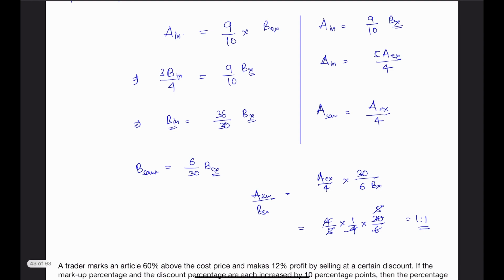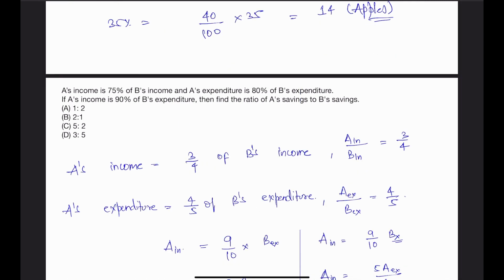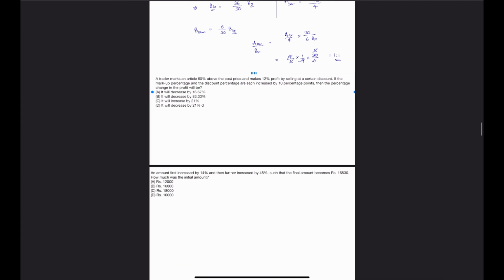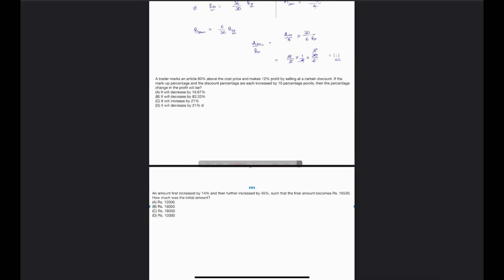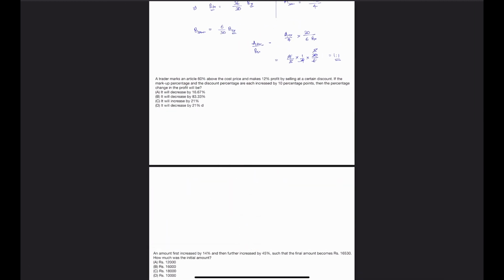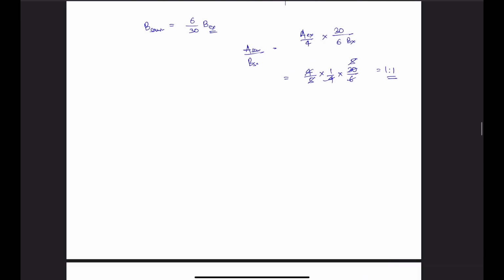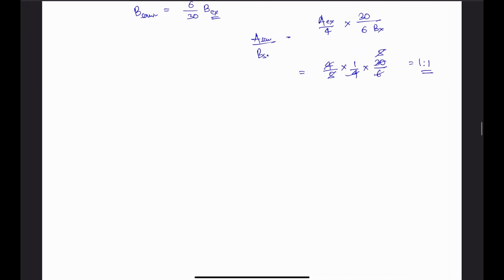Yeah, I think it's correct. So there is a very nice way of solving this question. Okay, I think I need to just adjust these things on the other page. Cut, paste. Okay, let's see if this question can be done by the alternative method.